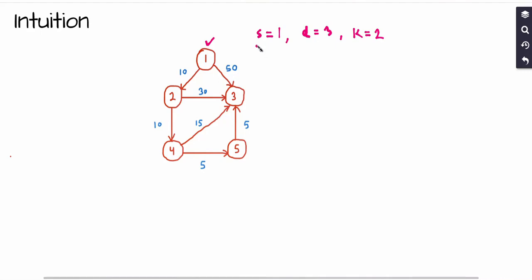So we want to find the shortest path to move from this source city to this destination city, from 1 to 3. If it would have been an unweighted graph, in that case I would have used BFS search, because we know in BFS strategy, whenever we visit a node first, then the cost to reach that node will be the minimum cost.